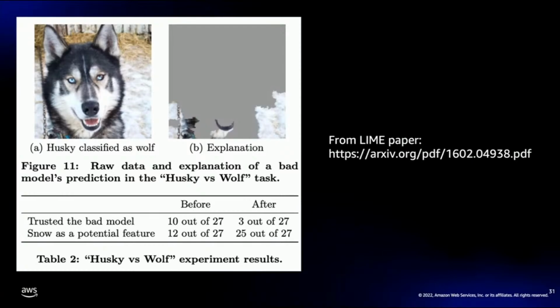So in fact, what they've discovered is that it just so happened that in a lot of training images with wolves, they were at the backdrop of snow, or they had snow in the background. Just so happened that that's how their training set was built. And as a result, the model is actually focusing on the snow, just looking at snow. And if the snow is present, then the prediction is wolf, and not it's a husky.